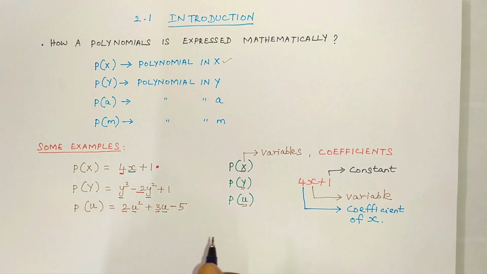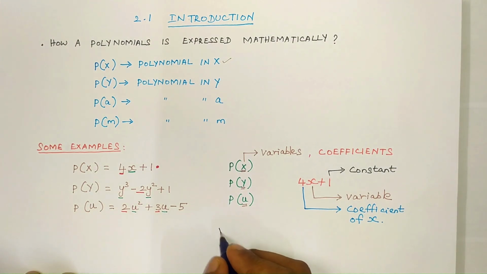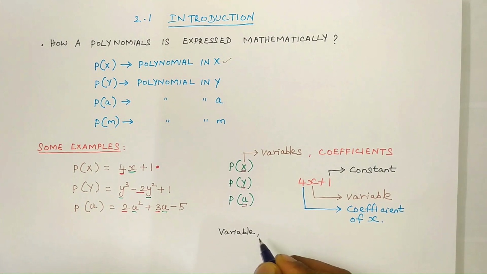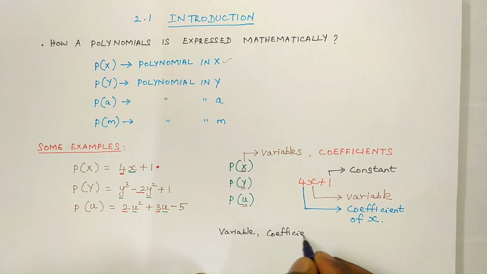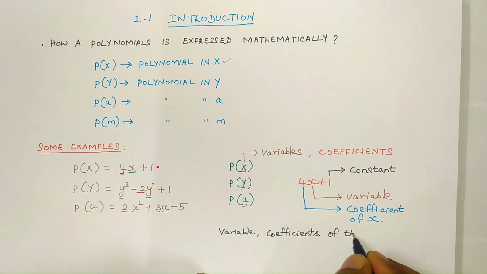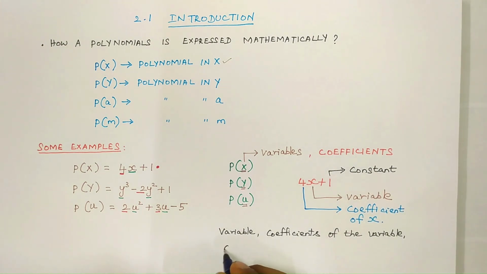Okay, so in polynomials, what are the things we have? We have a variable, we have coefficients of the variable, and we have constant terms also.